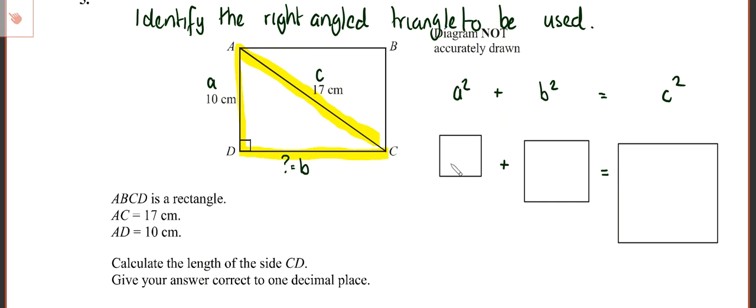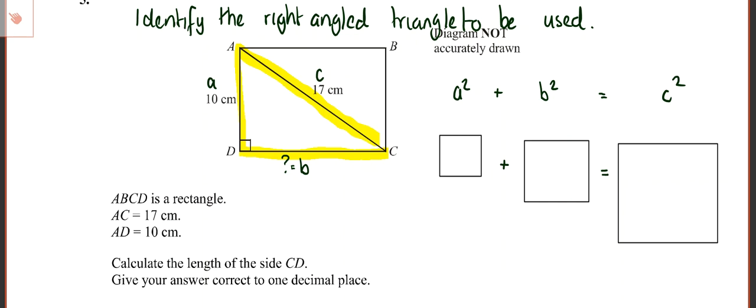So just to keep that at the forefront of my mind, at the moment I am drawing the squares. Eventually, you might choose not to and just write a squared plus b squared equals c squared, but I thought it's quite a nice visual check to say it's always about the squares and not about the sides. You don't add the sides.